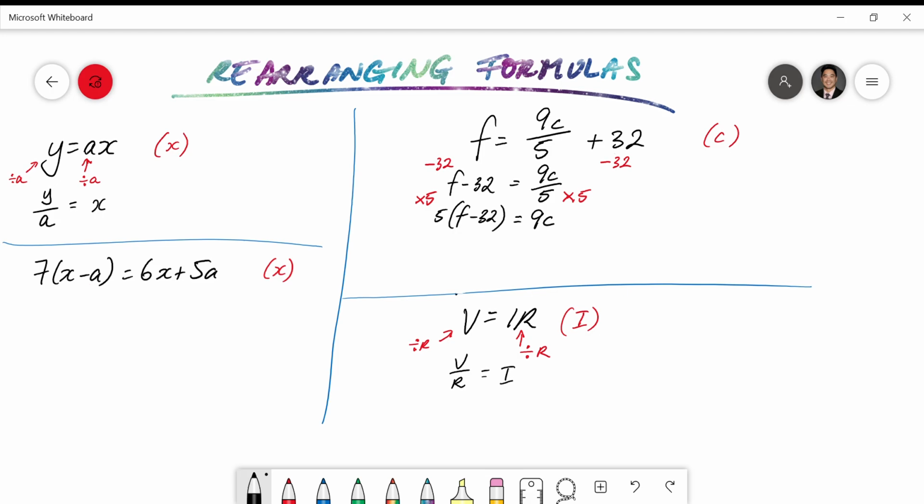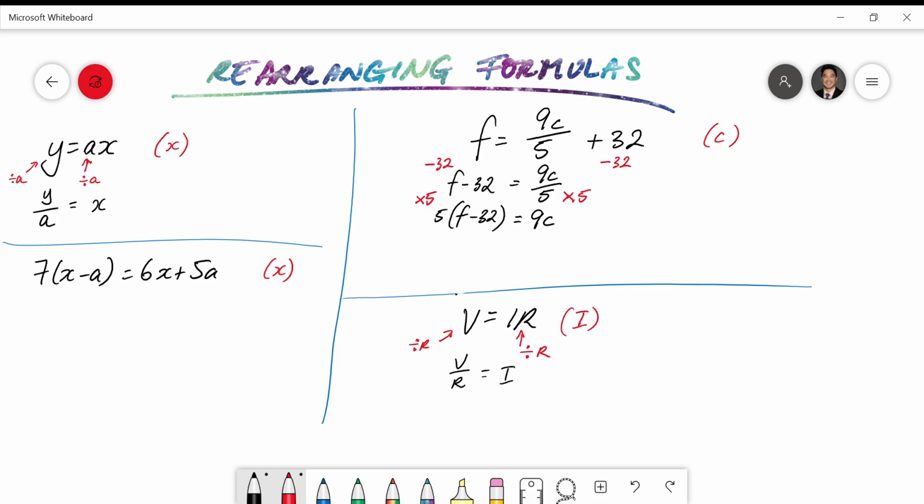One thing I want to highlight is that we're multiplying everything on the left hand side by 5, which is why I've introduced brackets. It's not just the f, because we could have 5f minus 32, and that is completely different to 5 times f minus 32. The last step is to get rid of the 9.